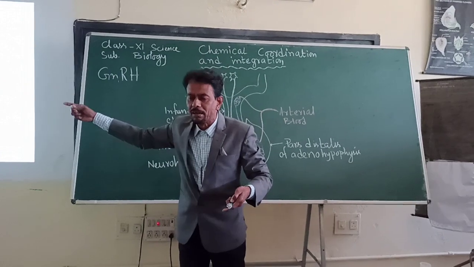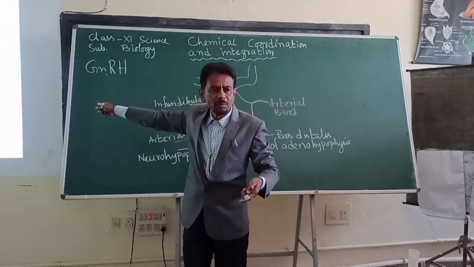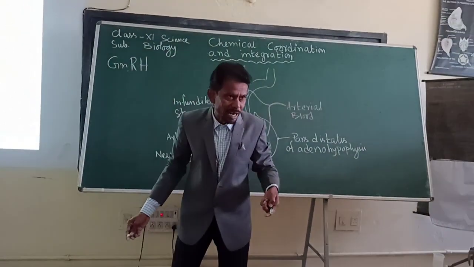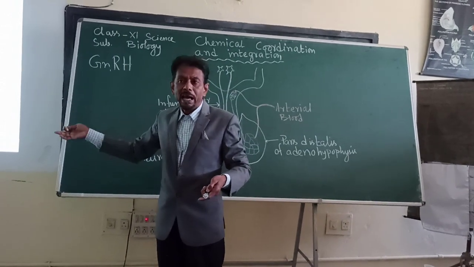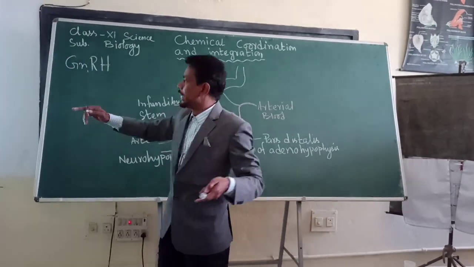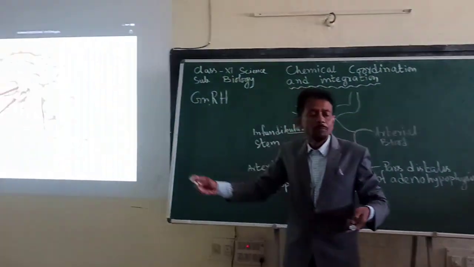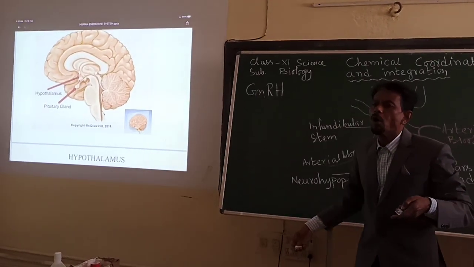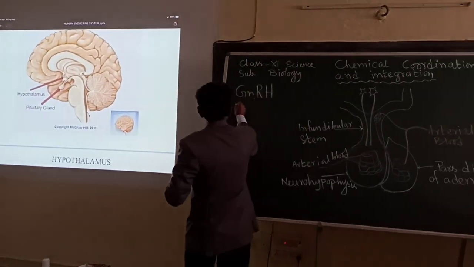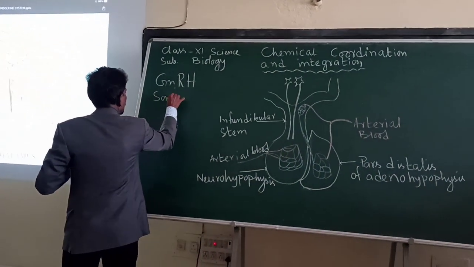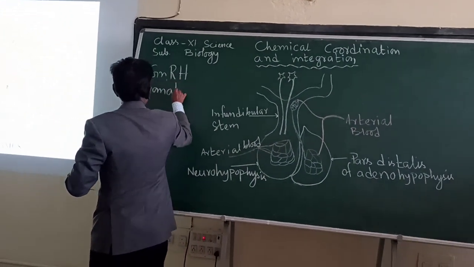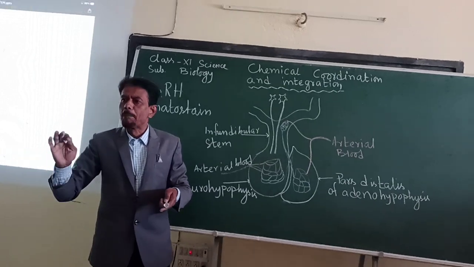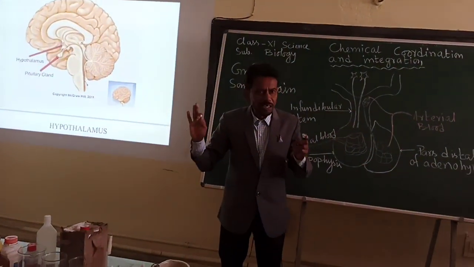It will stimulate hormone secretion from the different glands, especially affecting the pituitary gland. As well, the hypothalamus produces an inhibitory hormone also, for example somatostatin. It inhibits the production of growth hormone. Is it clear to you?